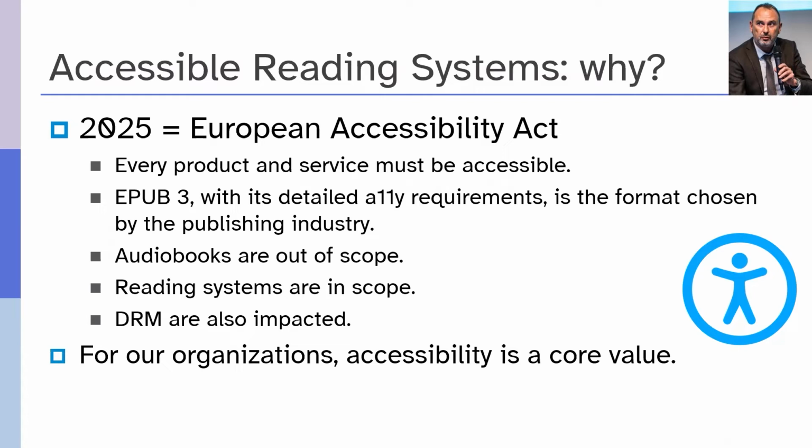And reading systems, so reading applications, are products. So they are in scope of the accessibility directive, and so they must be accessible by 2025. It's also interesting to note that DRMs, which are used in many countries in Europe and in the US also, are impacted by this accessibility directive because a DRM which hinders accessibility, for example, forbids TTS, text-to-speech, must be removed from the market by 2025.